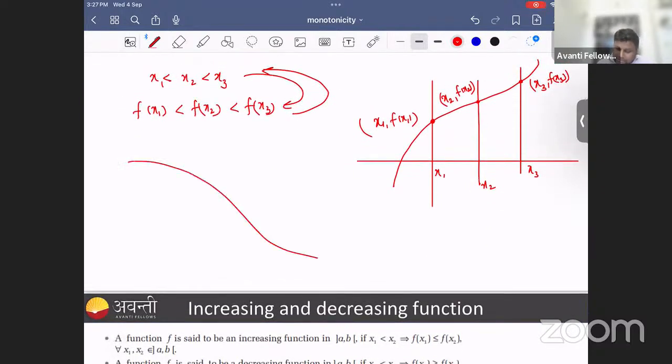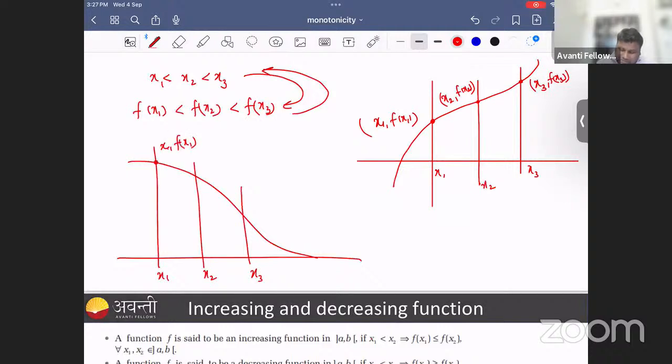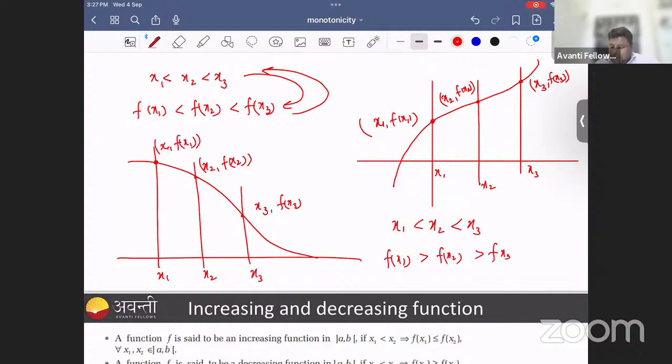Whereas, now see, let us assume this is a decreasing function. This is x1, x2, x3. So this is x1 comma f(x1). This is x2 comma f(x2). And this point is x3 comma f(x3). Now if you realize, x1 is less than x2, which is less than x3, whereas f(x1) is the largest one, f(x2) is greater than f(x3).